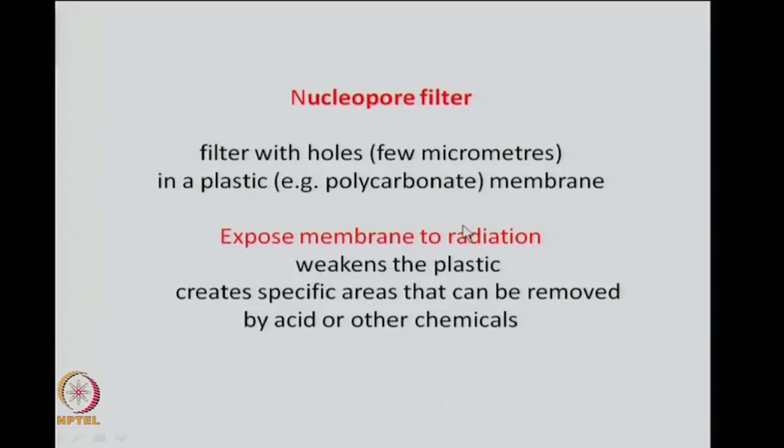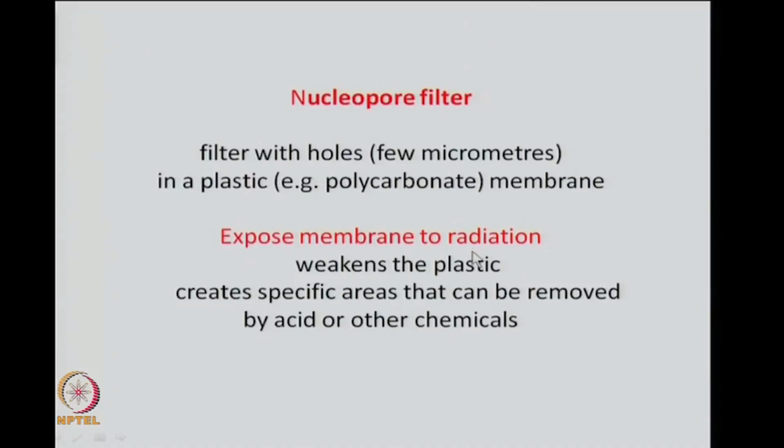So, first you weaken the plastic at certain positions depending on the design you want, where you want the holes to be created, of micron size or submicron size, and once you expose them to radiation in a patterned manner, then you expose them to some chemicals, and the weakened part of the polymer which is patterned will generate these holes which can be used as a nucleopore filter.